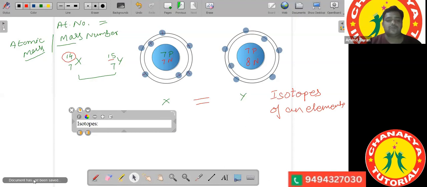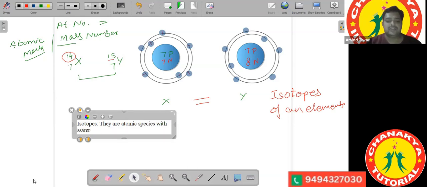So what are isotopes? They are atomic species with the same atomic number but different mass number.